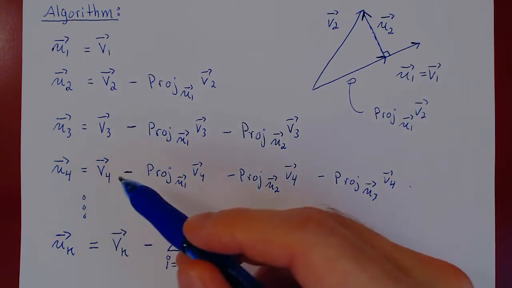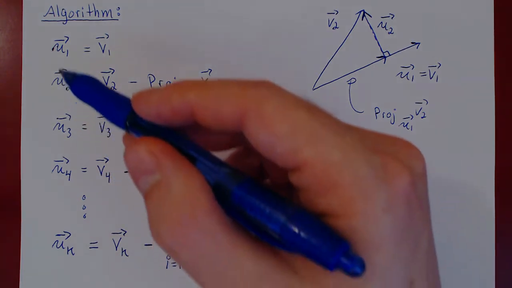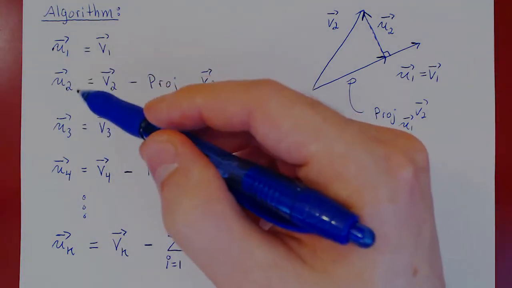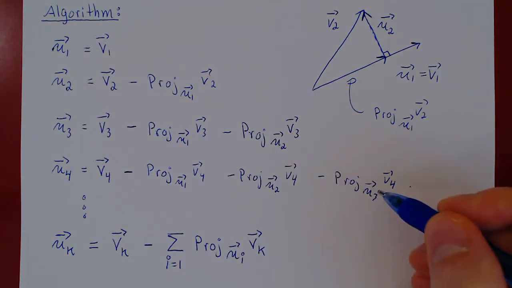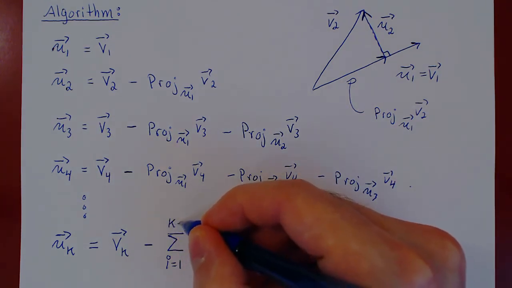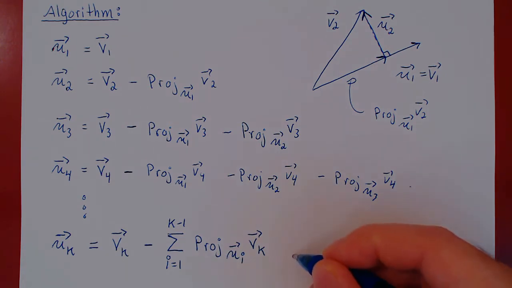You see, if you have v4, there are only 3 previously found new basis vectors. So it doesn't stop at u4, but at u4 minus 1. So i goes up to k minus 1, because before k, you only have k minus 1 new basis vectors.